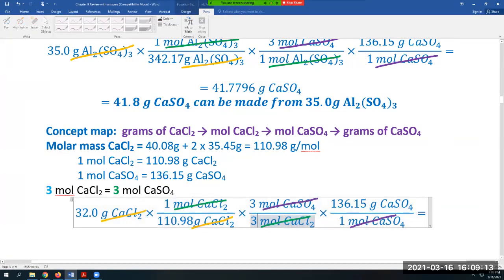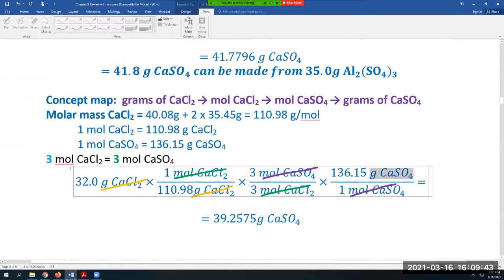We first divide by 110.98 and divide again by 3, because I don't use parentheses, so I need to use the divide sign again. Equals, the calculator answer is 39.2575, etc. And the unit is grams of calcium sulfate, right? It's the leftover unit here.